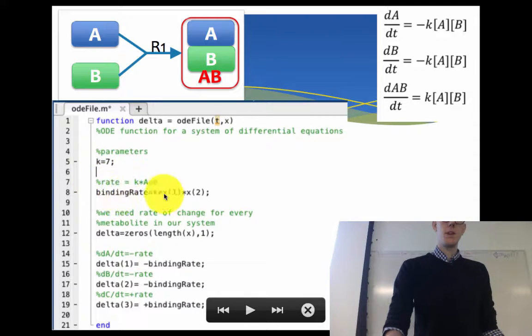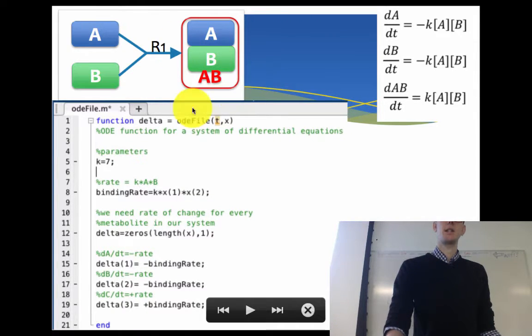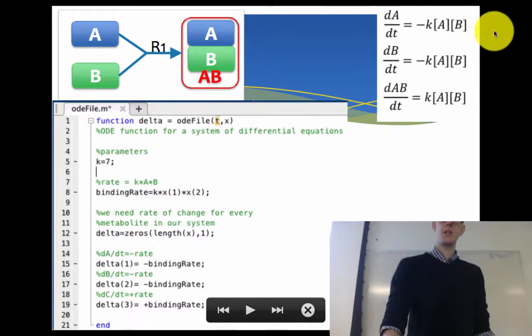Then we know that the rate of binding is going to be k multiplied by the concentration of A multiplied by the concentration of B. So x1 contains A, x2 contains B, and x3 contains this complex AB. The reason I've defined this binding rate here is because we're using it in every single equation. This has a binding rate, this has a binding rate, and this has a binding rate.